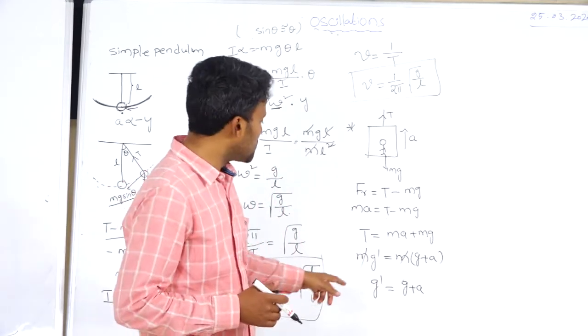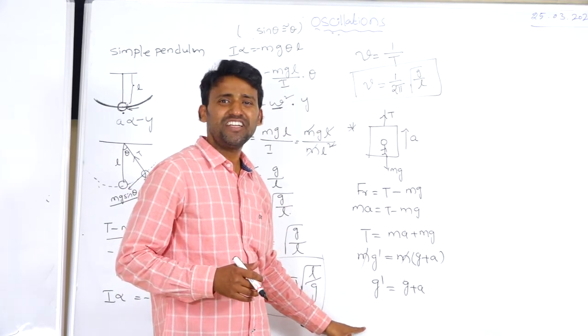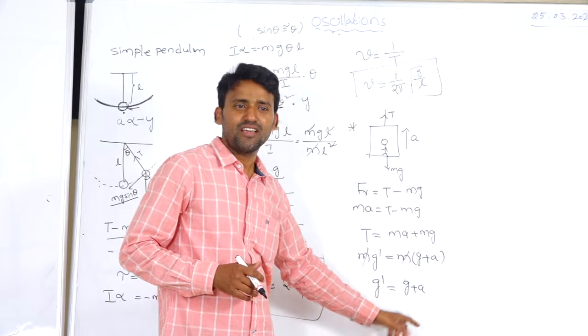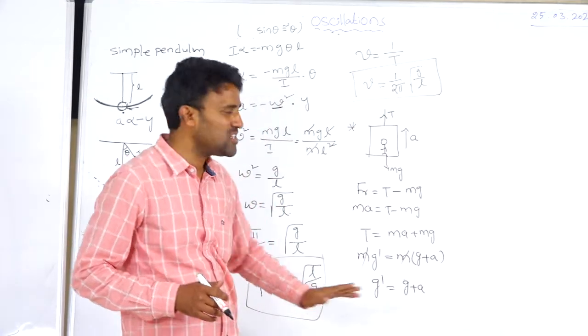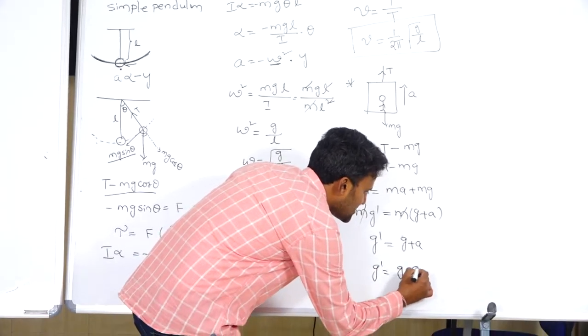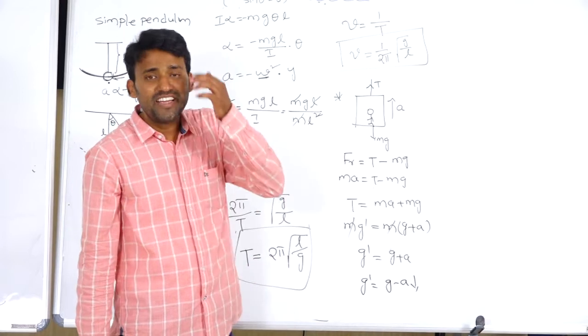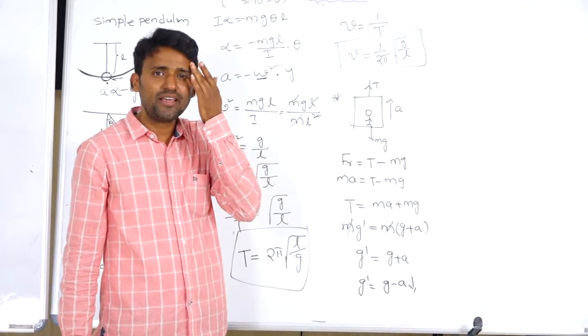You have to observe both cases. So when the lift is going upward, g dash is equal to g plus a. When the lift is moving downward, g dash is equal to g minus a.